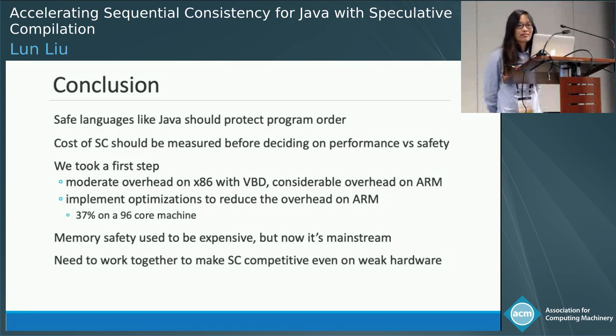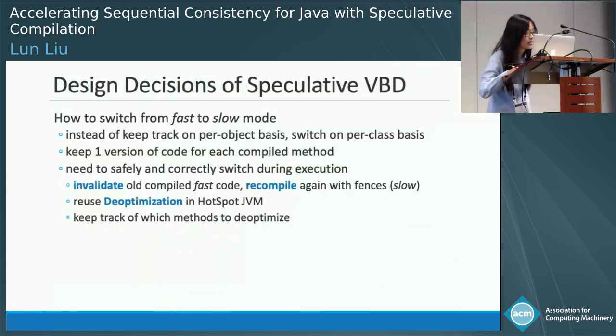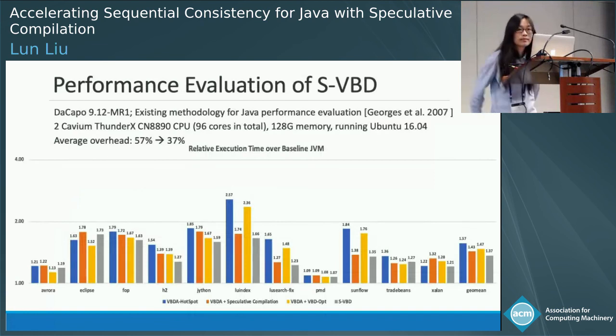Yathine Maniarka from Princeton. Nice talk. I noticed in your graphs that the Eclipse benchmark got worse with the speculative approach. So what is it about this particular application that causes it to be worse rather than getting better with the optimization?